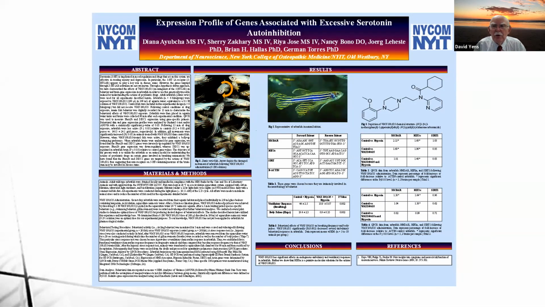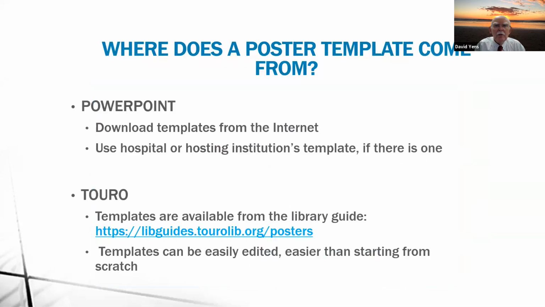So let's go to the next slide. Where do you get the template? I mean, how do you do these things? Well, you'll get some details at the end from Tim, but basically they come from two places. And if you're really innovative, you can get it from three. But there are massive numbers of templates on the internet.